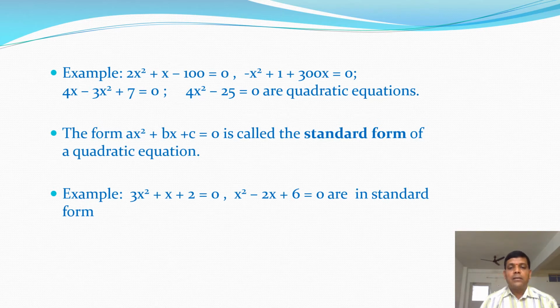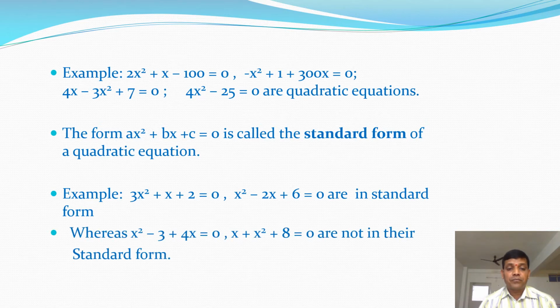Examples for standard form of a quadratic equation: 3x square plus x plus 2 equal to 0, and second one, x square minus 2x plus 6 equal to 0 are in standard form.